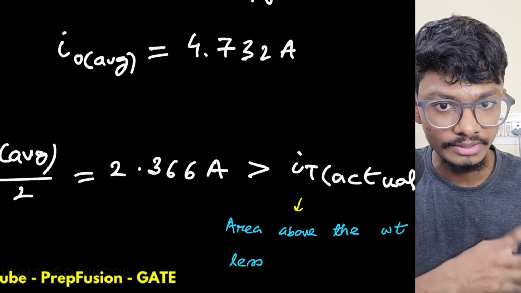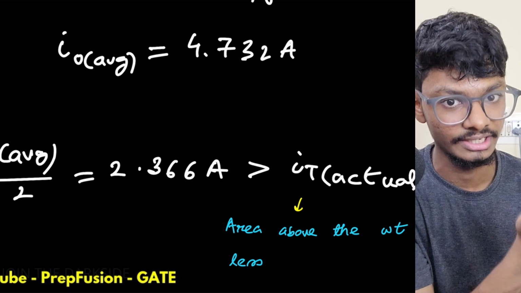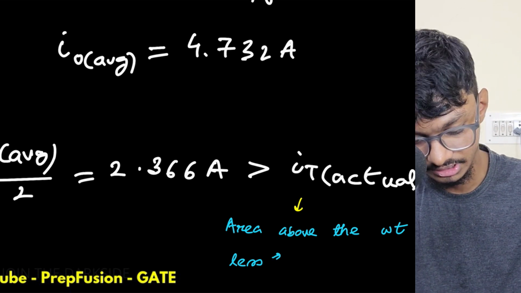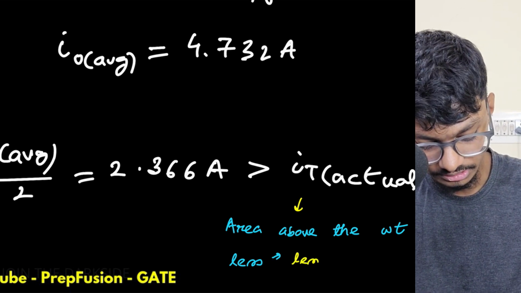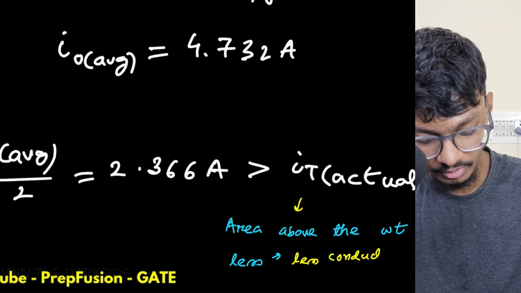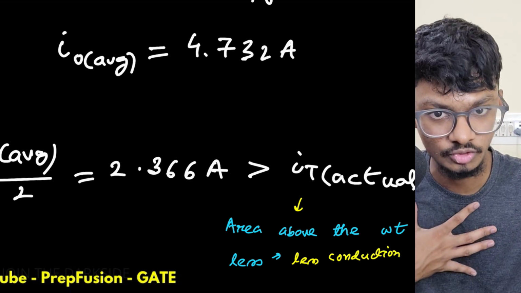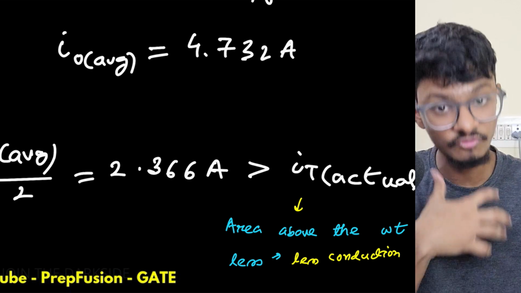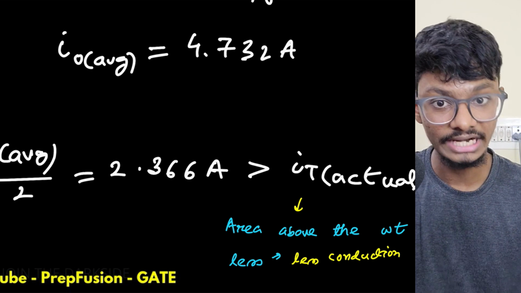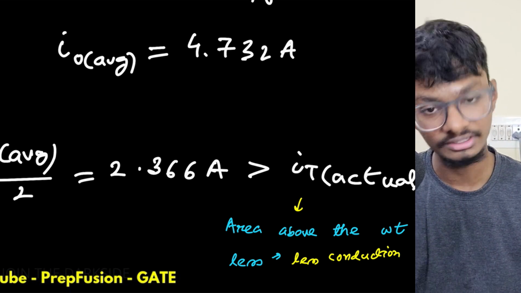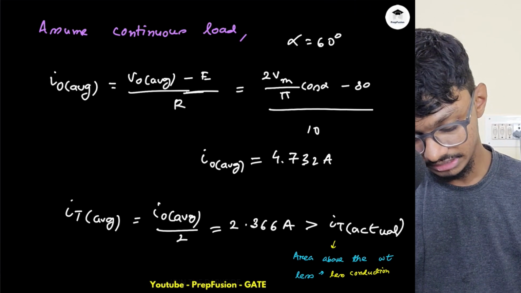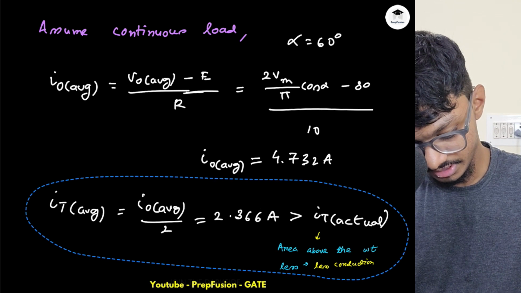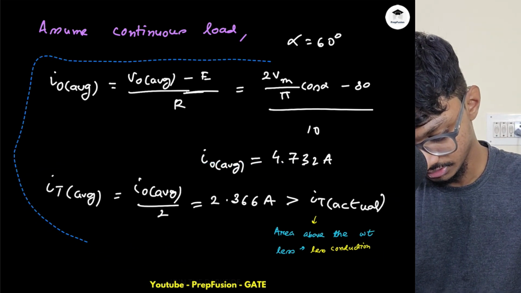And how can it become less? If there is less conduction. I supposed that it is 0 for only a pi period, but now it is 0 for a longer duration, and that will apply to the other two thyristors as well. That means the conduction size is reduced.